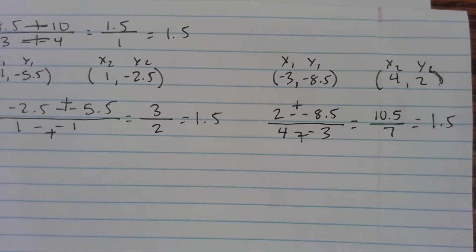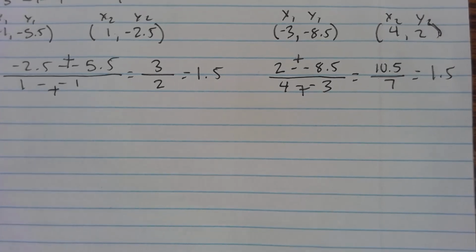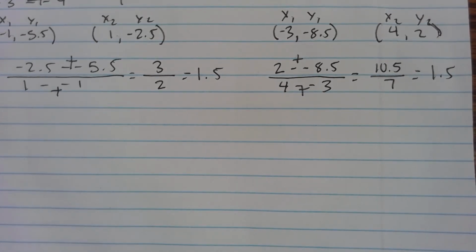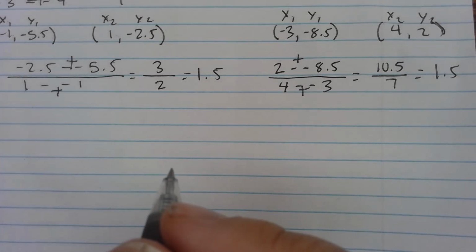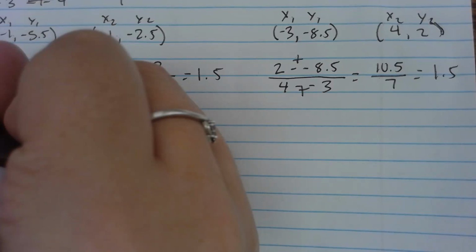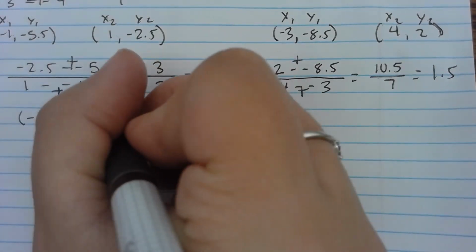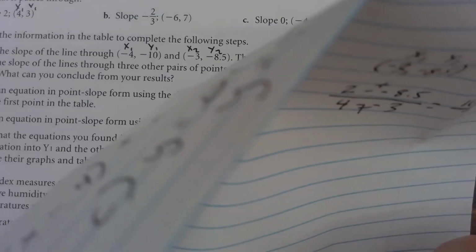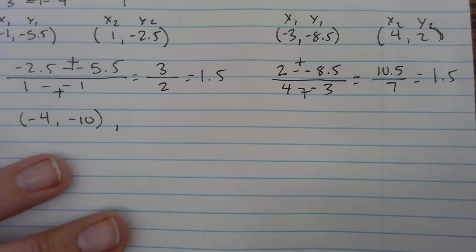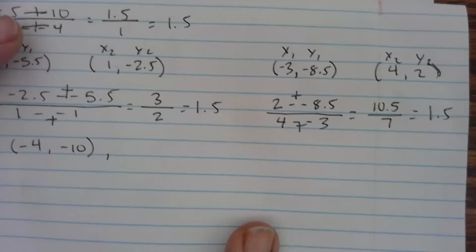I'm going to do it one more time. 2 different sets. Give me 2 different points. Negative 4, negative 10, that was the first one we did. Pick any other point.